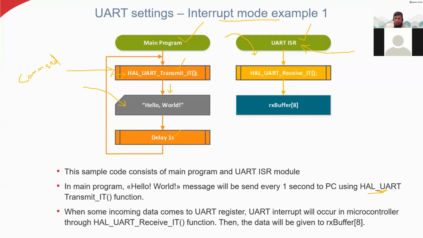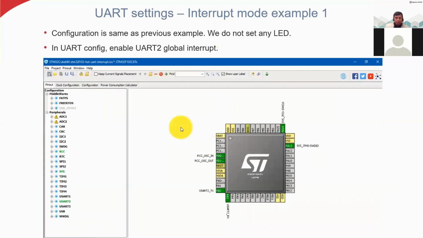We are sending the data based on this function, and on the receiver side we have the receive function, HAL_UART_Receive_IT(). We receive this data, and the received data is sent to this RX buffer. So this is one example of how we can transmit data from the main program using the transmit function, and receive it using the receive function, and you can see it in the serial monitor or serial terminal program.